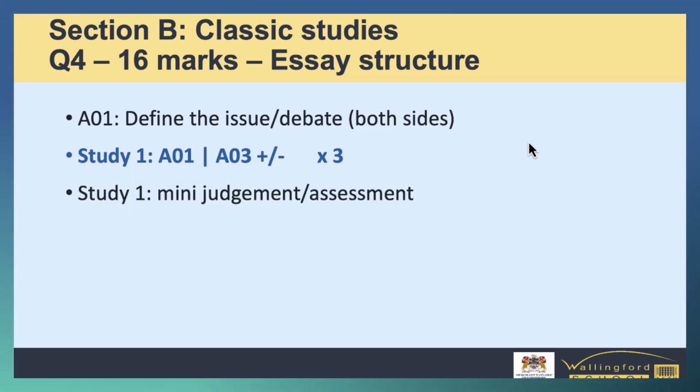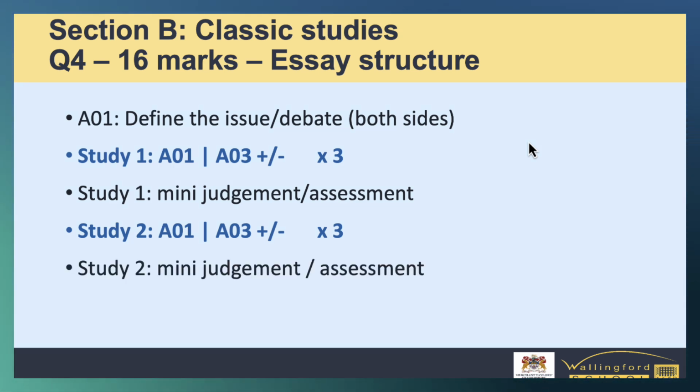You're then going to do a mini judgment or mini assessment of how those studies demonstrate or don't demonstrate that particular issue or debate. You're going to do exactly the same thing for study 2. So notice I don't go study 1, study 2, study 1, study 2. I do all my study 1s first, and then all my study 2s second.